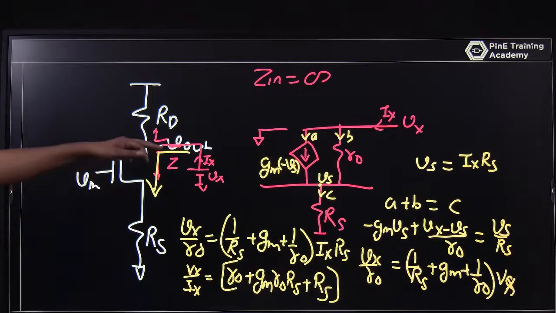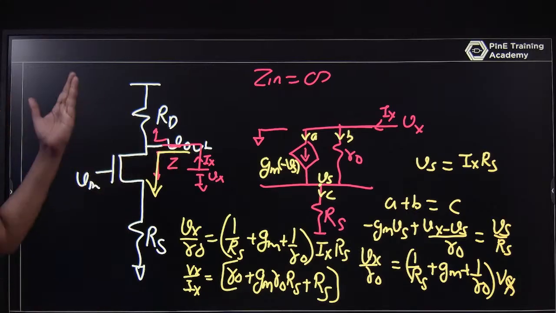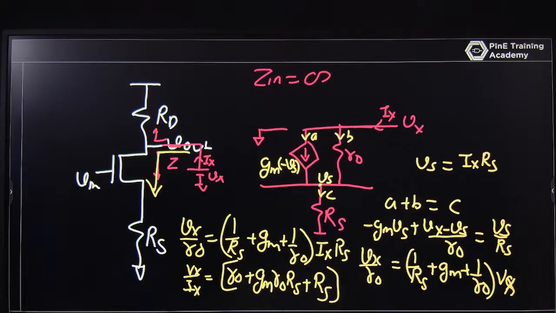Whenever you are looking from the drain side, the impedance increases. If you are looking from the source side, the impedance decreases with the effect of the intrinsic gain. So this is R naught plus Rs plus gm R naught Rs, the output impedance. What is the total output impedance?